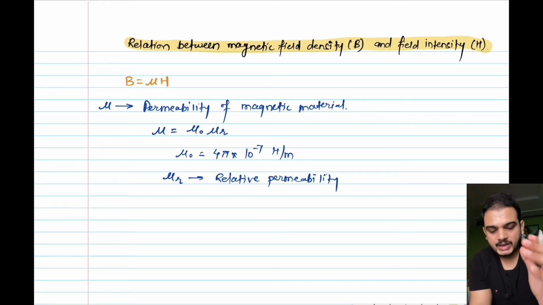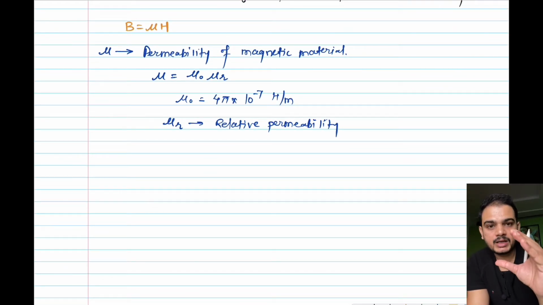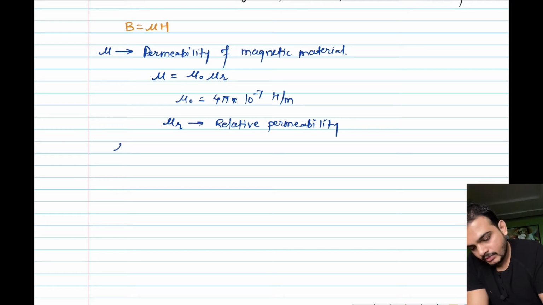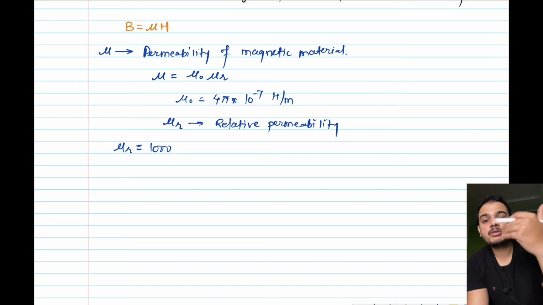For example, I have a magnetic material whose mu r value is 1000. The meaning of mu r equal to 1000 is that if air is allowing one flux line, then that magnetic material whose mu r is 1000 will allow 1000 flux lines.